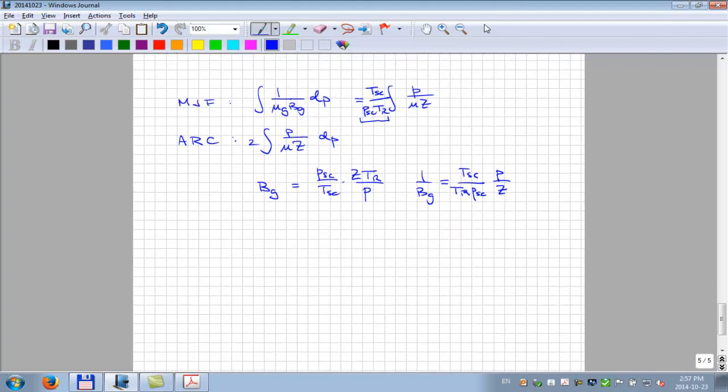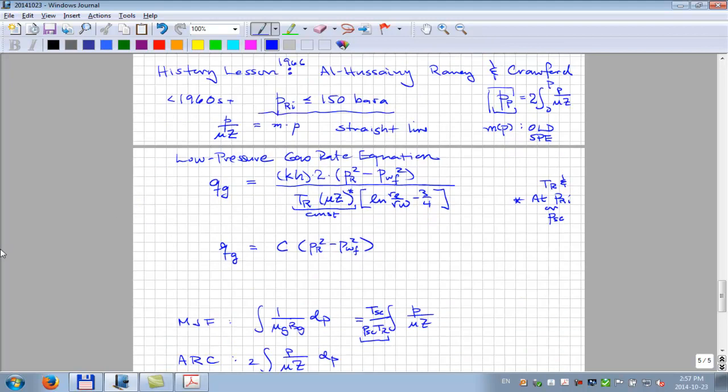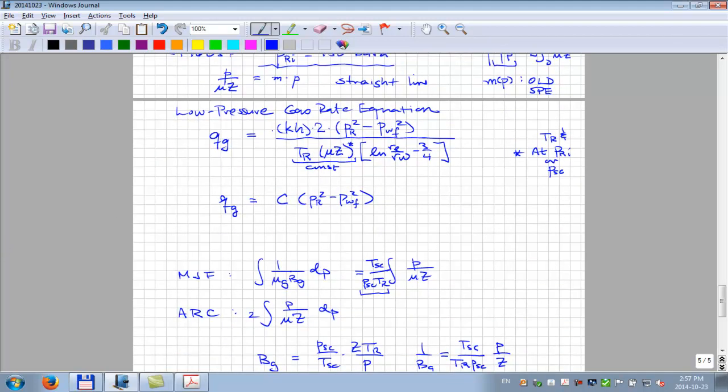So when people in the 40s, 50s, 60s were using this pressure equation here, there's a bunch of constants having to do with units, having the 2 embedded. So the actual equations that people would use, I'll just give you an example.